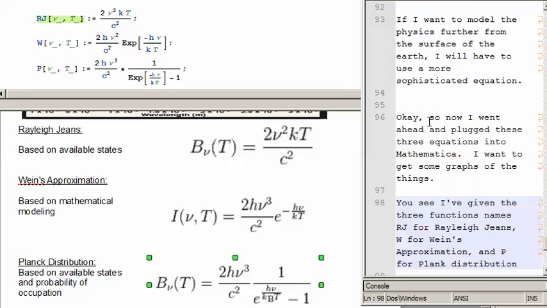Okay, so now I've gone ahead and plugged these 3 equations into Mathematica. You can see I want to get some graphs of these things. I have given 3 functions names: RJ for the Rayleigh-Jeans law, W for Wien's approximation, and P for Planck's distribution.